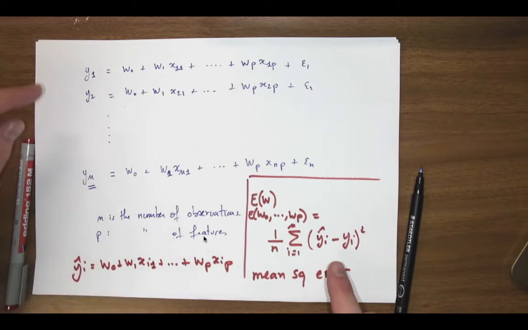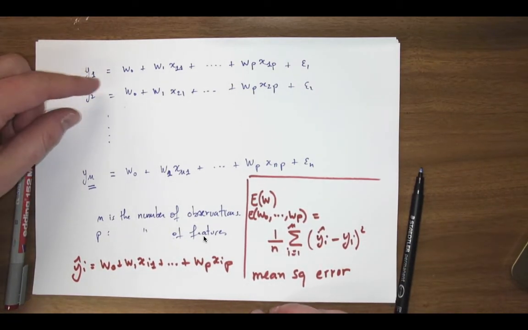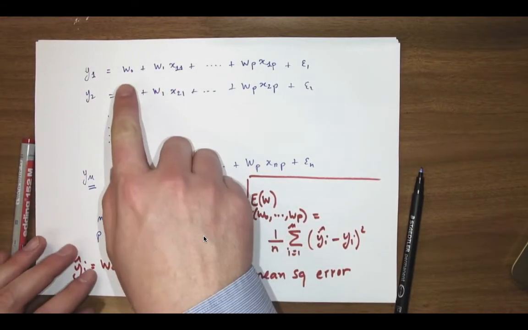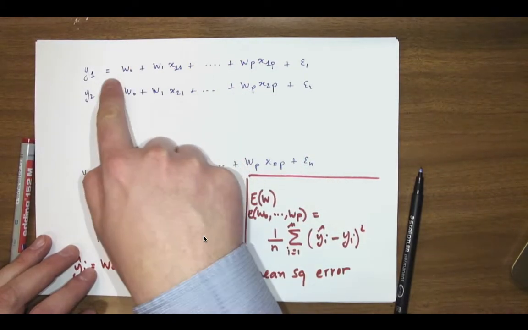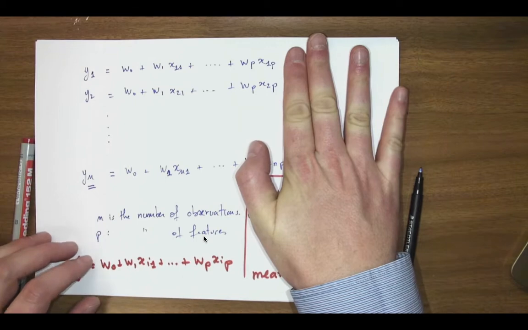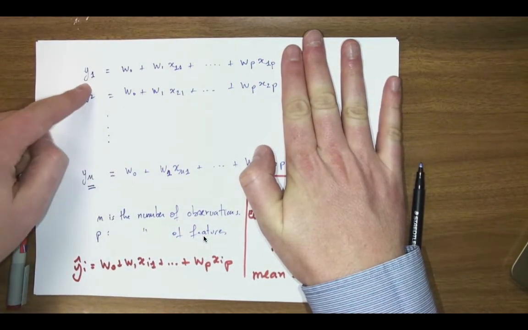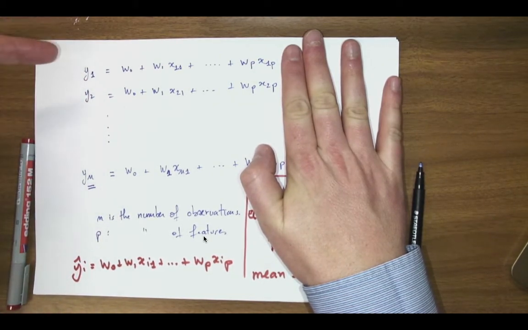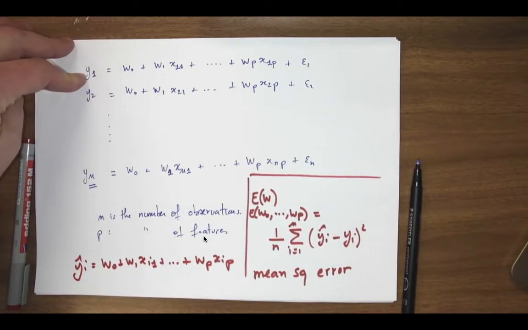For every single one of your observations, you look at the features and apply your model parameters. You plug in your model parameters, and that's your prediction, an expected value for y. And you check whether your expected value actually matches the real value, which is the one you know you have.